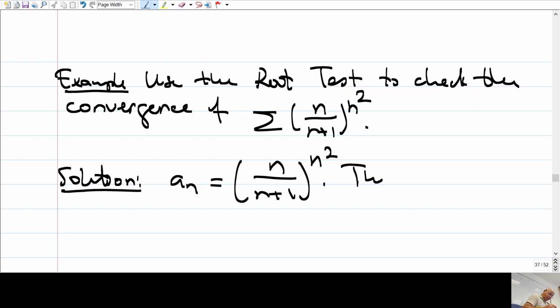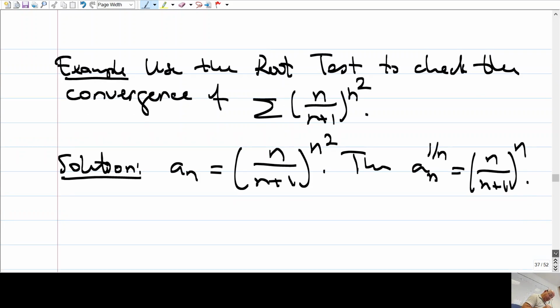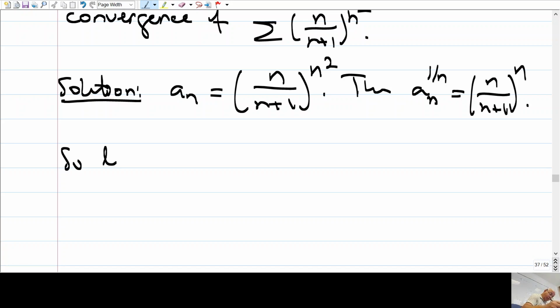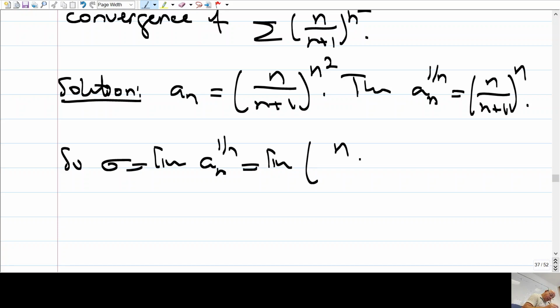Then, of course, the nth root of this is just what? For the nth root of this, you take the 1 over nth power of this, n squared and 1 over n cancel, and you get n. So this is just (n over n+1) to the power n. So sigma, which is the limit of the nth root of a_n, is just the limit of (n over n+1) to the power n.